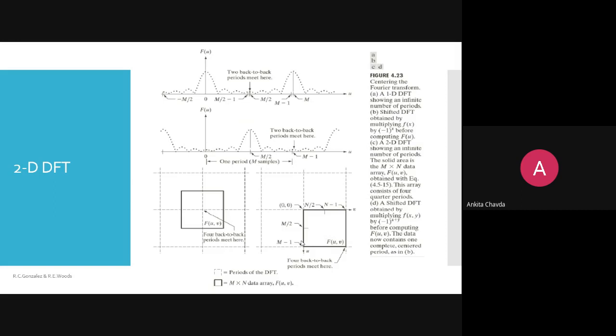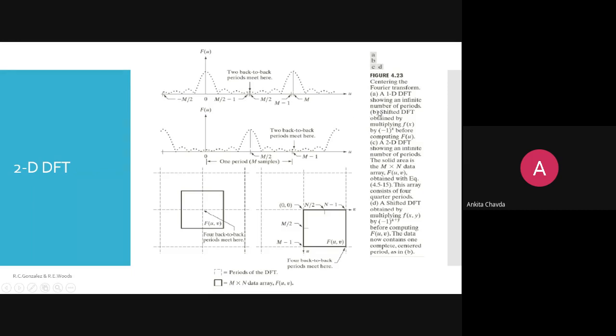Now you can check this. Centering the Fourier transform is the main agenda. Figure A is the 1D DFT, showing the infinite number of periods, your continuous periods.